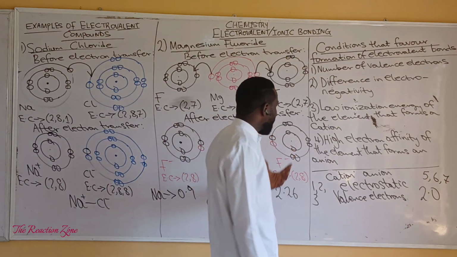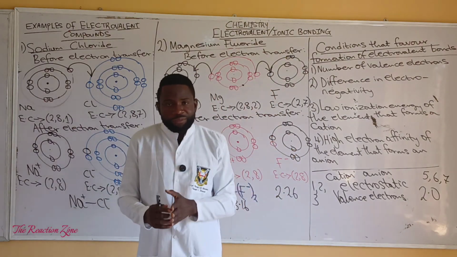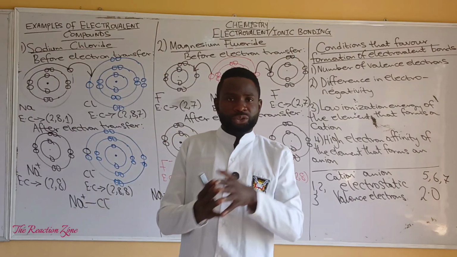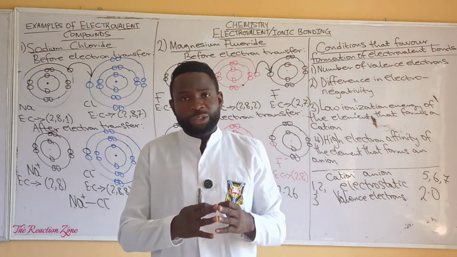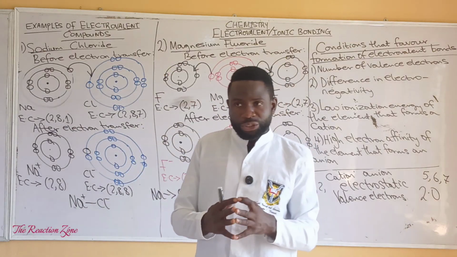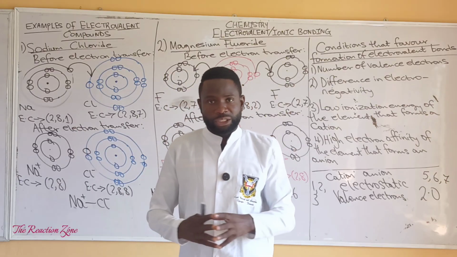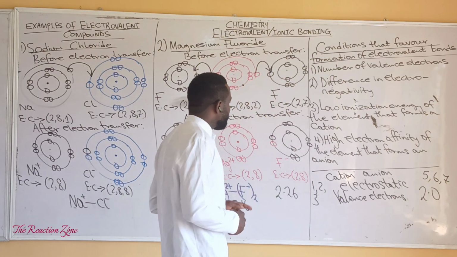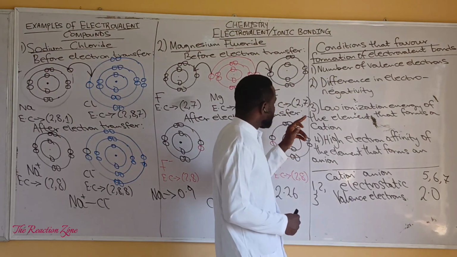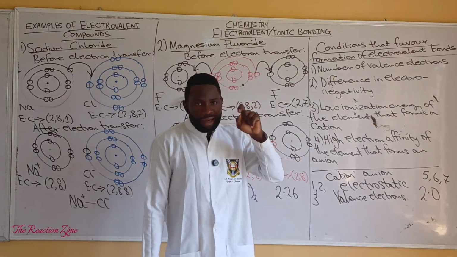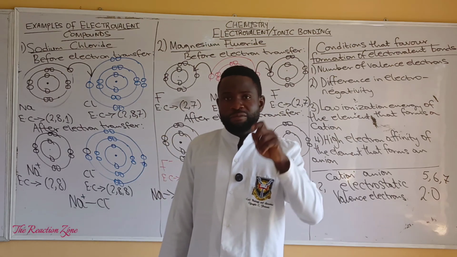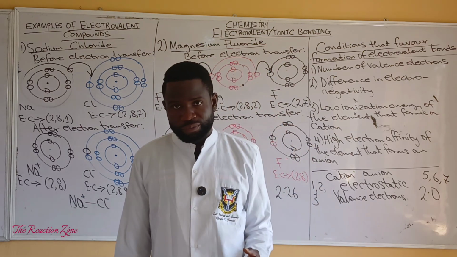It is a known fact that the transfer of electrons from one of the bonding atoms to the other in electrovalent bonding leads to the formation of a cation as well as an anion. For the atom that forms the cation, the energy required to remove an electron from it must be very low.